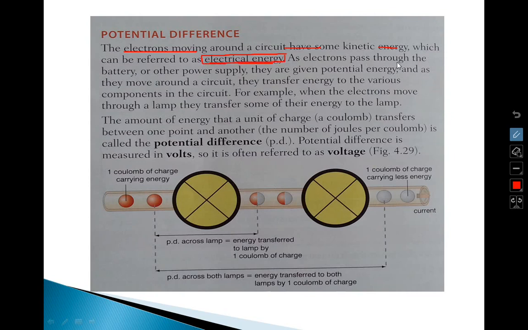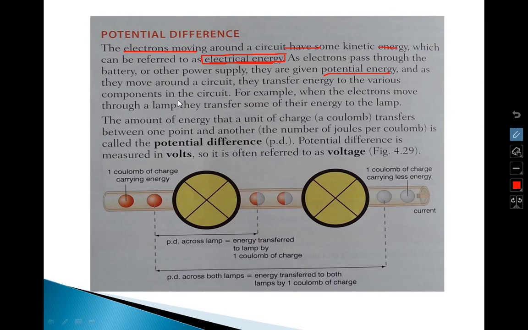As electrons pass through the battery or any other power supply, they are given potential energy. And as they move around the circuit, they transfer energy to various components in the circuit.